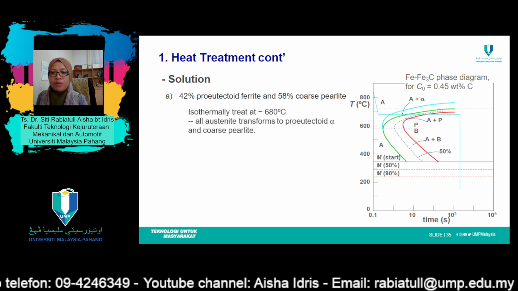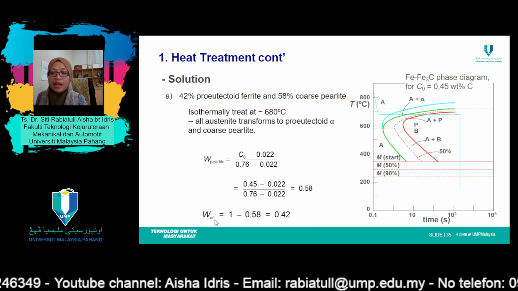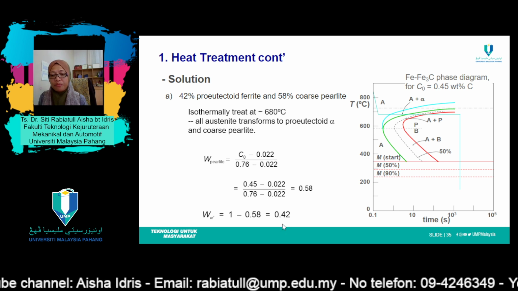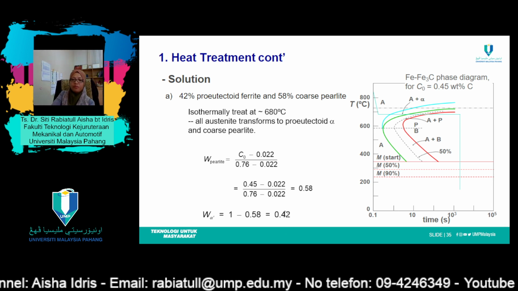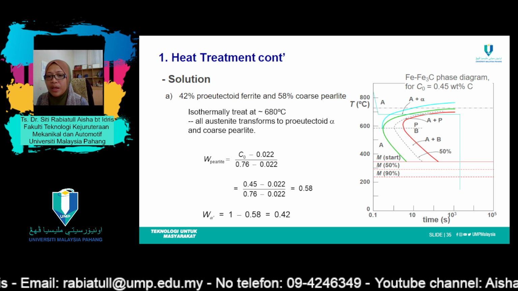So from there, you can calculate the weight fraction for pearlite and pro-eutectoid ferrite, which is 0.58 and 0.42.